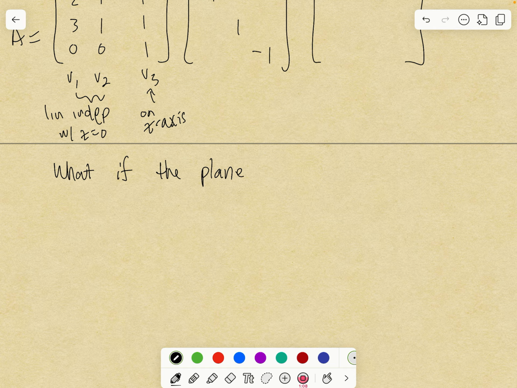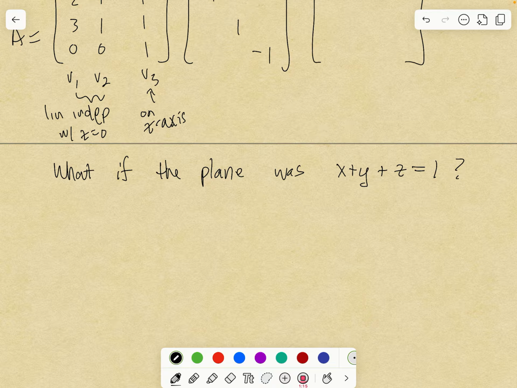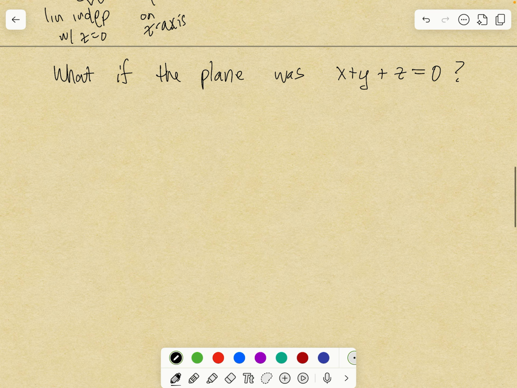What if the plane was given by x plus y plus z equals 0, sorry? So this is, again, a plane through the origin. We can say that its normal vector is 1, 1, 1.